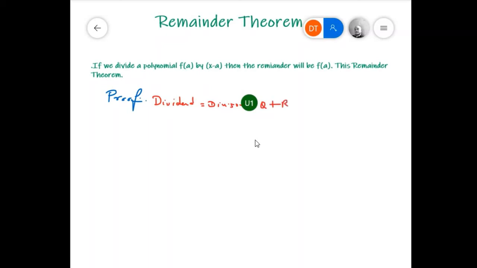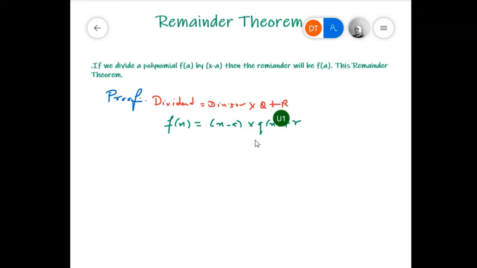Now let's consider, as per our theorem, that our dividend is f of x, the divisor we have taken to be x minus a, our quotient is, suppose, q of x, and I am taking the remainder to be r.